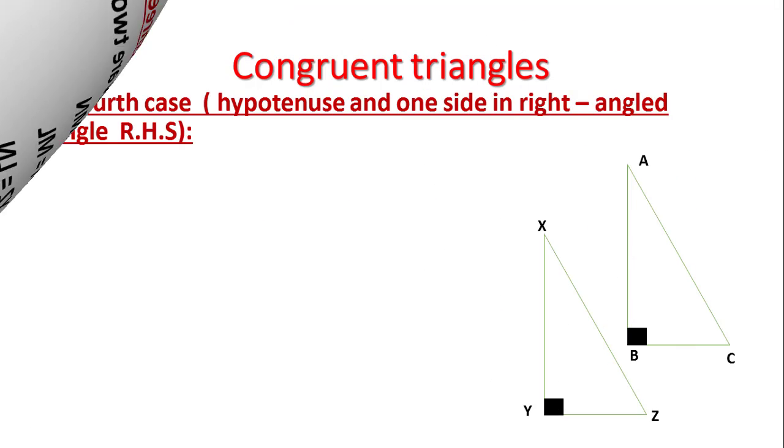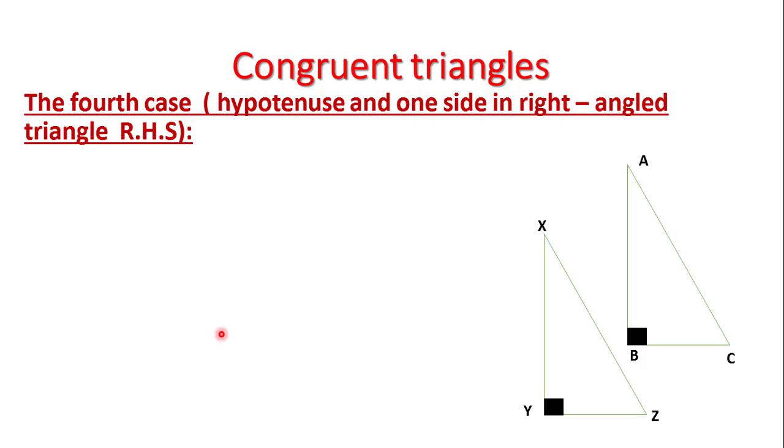The last case, the fourth case, in a right angle triangle, the hypotenuse and one side. For example, here the hypotenuse is AC in the first triangle and XZ in the second. So the hypotenuse is equal in length in the two triangles.